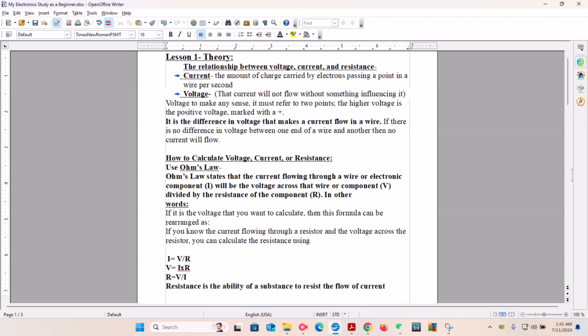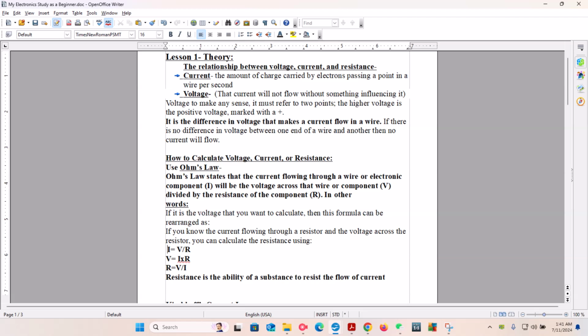So we have I, the current, equals voltage divided by resistance, or voltage equals current times resistance, or resistance equals voltage divided by current.